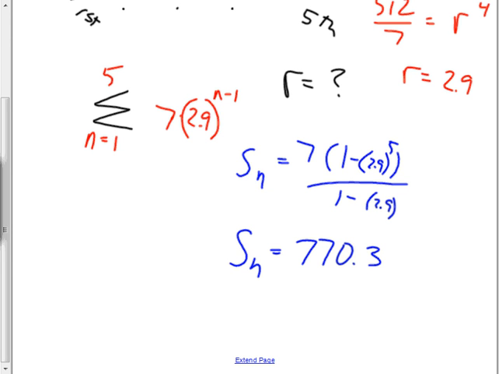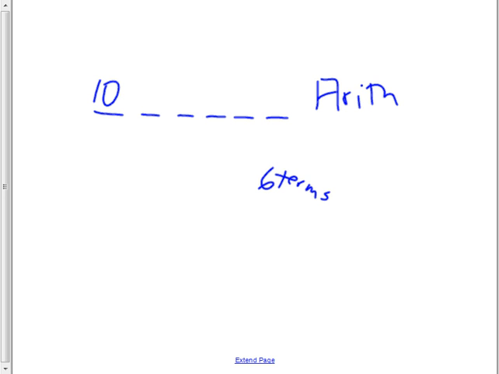All right. Well, let's say I have something that starts with 10, and it's arithmetic, and it's got a whole bunch of terms. We'll be specific. It's got 6 terms. And it adds up to 600. Then tell me, what was the second term?